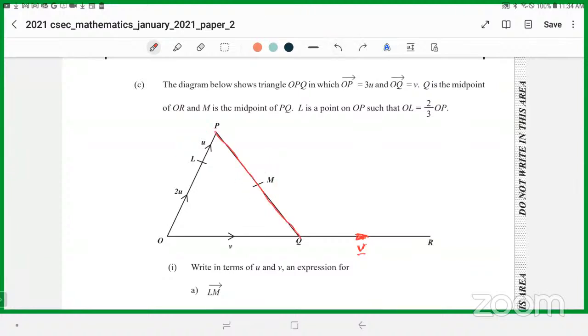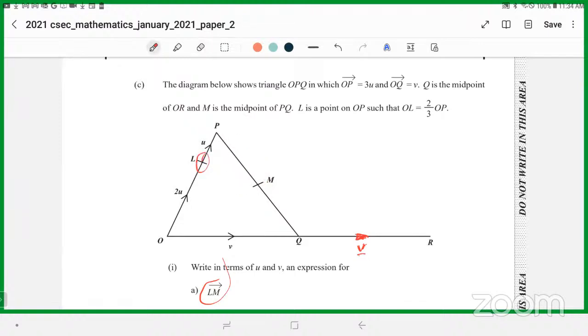So M is the midpoint of this side. I know where these questions are going already. It's almost like you're going to need this vector. I feel like I've done this question already for this class. Because the first question is asking us for this LM, that vector LM. I can't go across here because we don't want the vector going there.